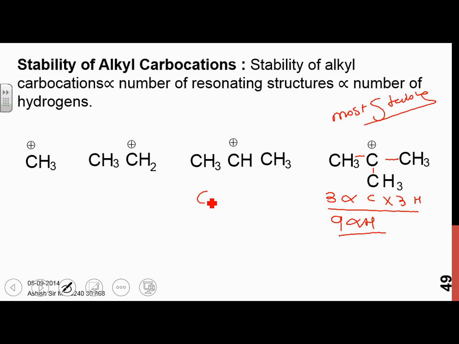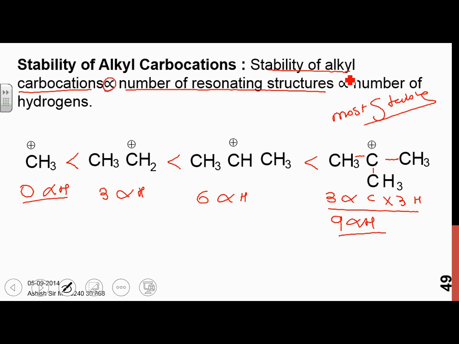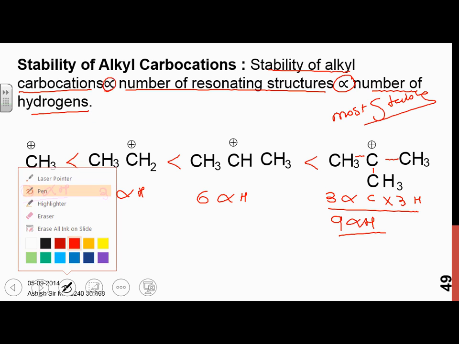It has 6 alpha hydrogens, it has 3 alpha hydrogens, and it has 0 alpha hydrogens. So this will be the least stable, then more stable, then most stable. On this basis, stability of carbocations is proportional to the number of resonating structures, or rather say the number of alpha hydrogens.